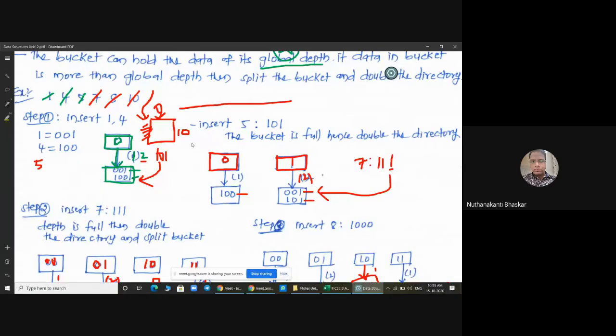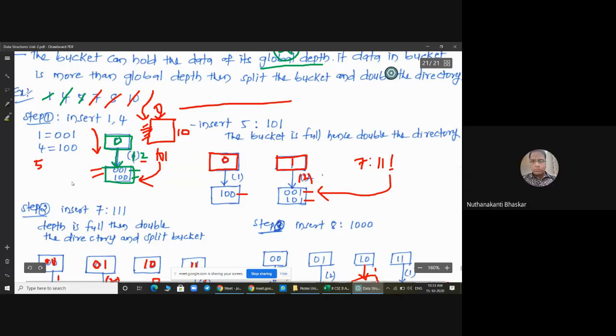That is why, if you take the minimum global depth, searching is very easy. If the global depth is 2, after entering a bucket, what is the maximum number of comparisons required?